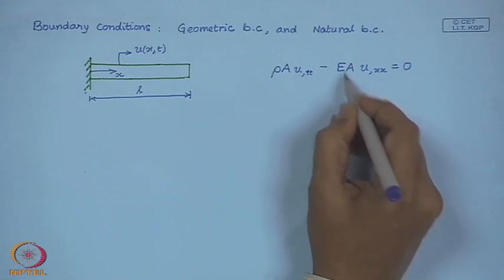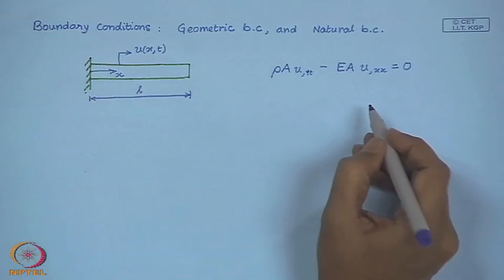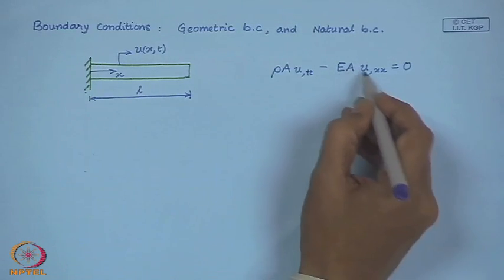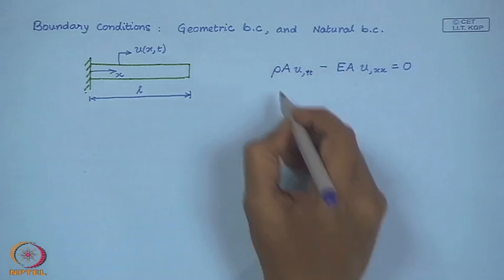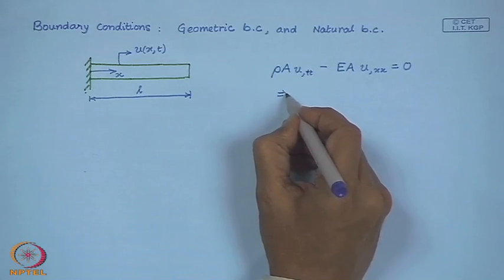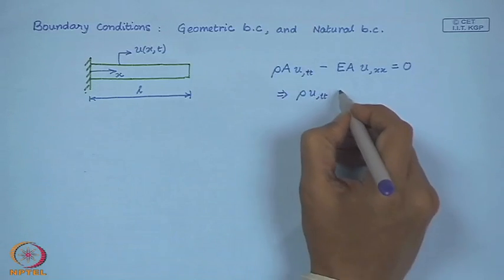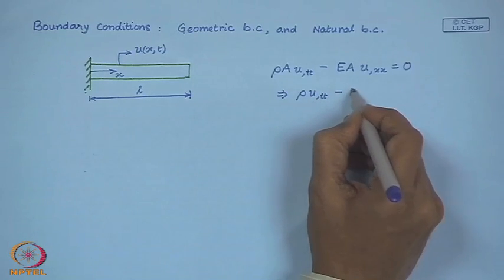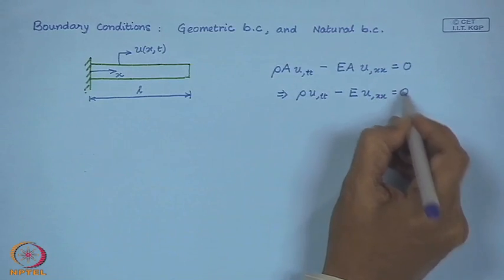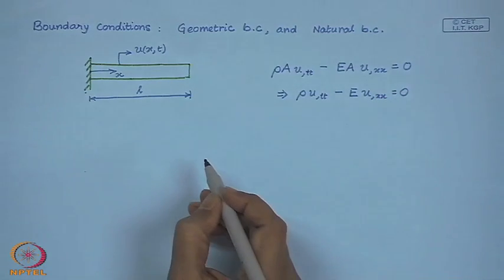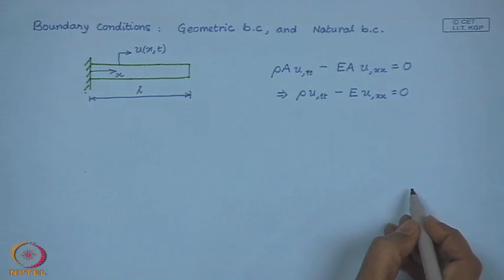Because the area is now constant, it is no longer a function of x. So, it can come out of the partial derivative, and this can be simplified further to obtain this equation of motion for a uniform bar.